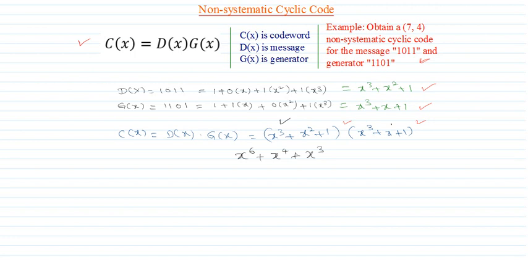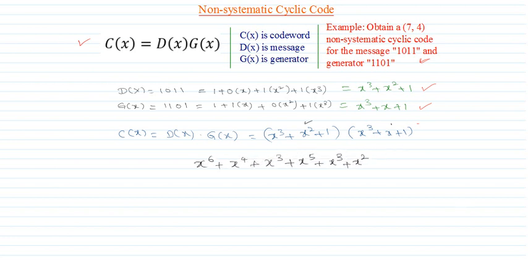Okay, so now I will do the multiplication with the second term, that is x square. So when I do that, I can write here plus x square into x cube, that is x to the power 5, plus x square into x, that is x cube, plus x square into 1, that is x square.